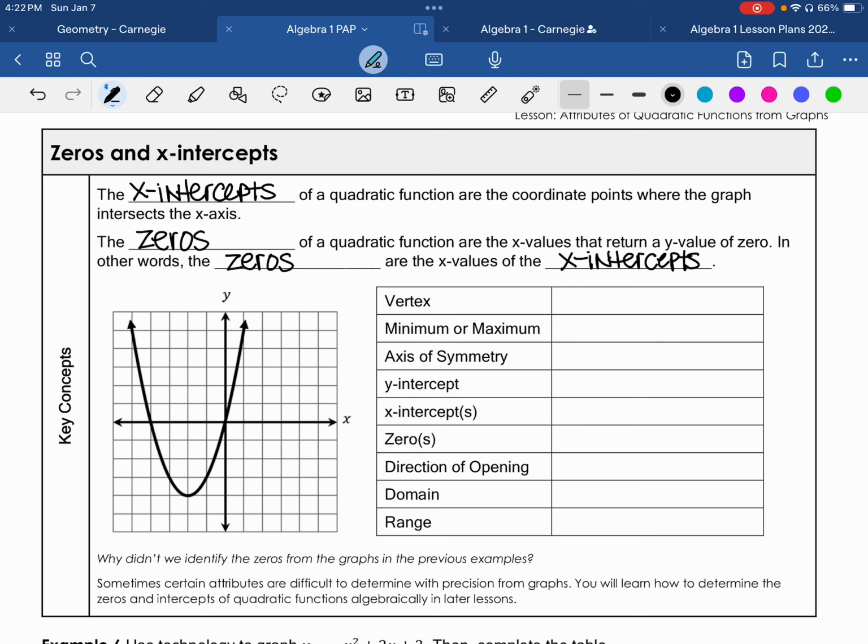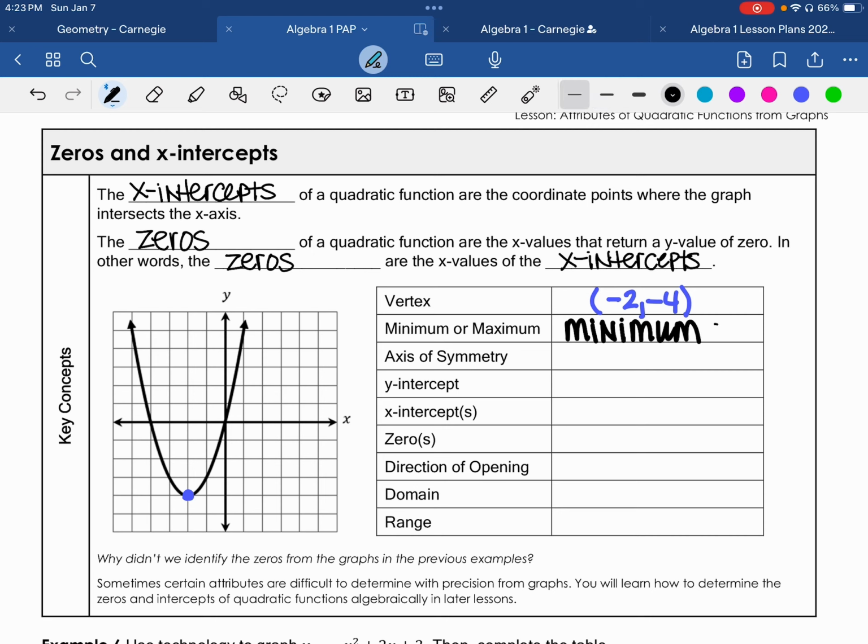Let's go ahead and take a look at this graph right here, and we're going to fill out this page. So we have our vertex right here, which we can see is at -2, -4. We can see because of the opening direction of it that this is a minimum.